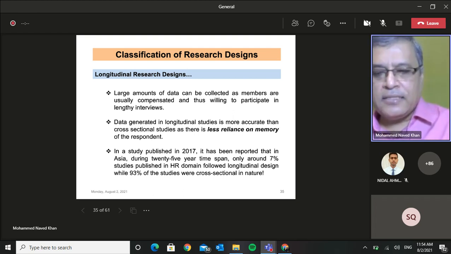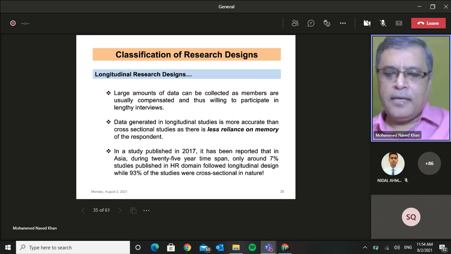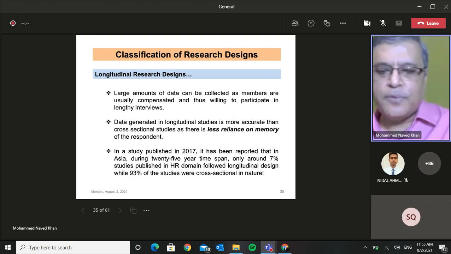Another thing is that in longitudinal designs, there is less reliance on memory. Just try to recall that in cross-sectional designs, I shared that suppose I draw a sample from your class and administer a questionnaire, in which I ask about things that they purchased 2 weeks back.